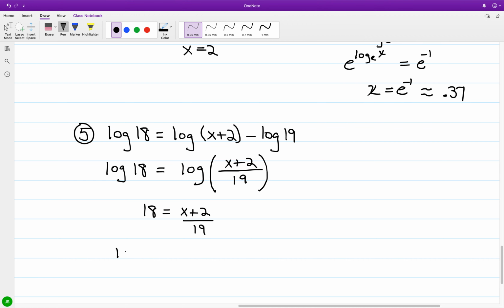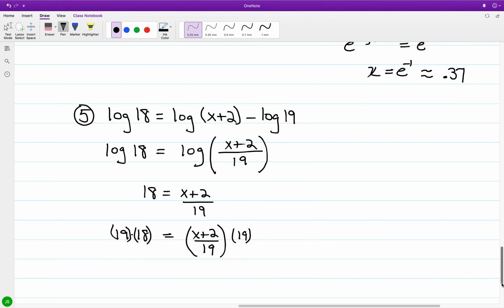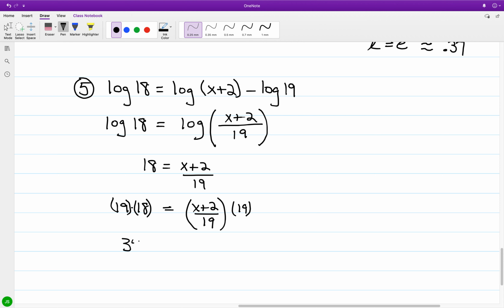And if I multiply both sides by 19, we have 19 times 18, which is 342. And we have 342 is equal to x plus 2. So with the proposed solution, x is equal to 340.